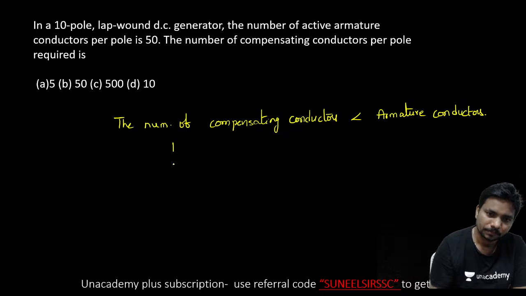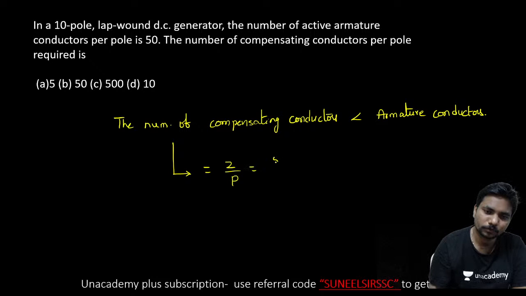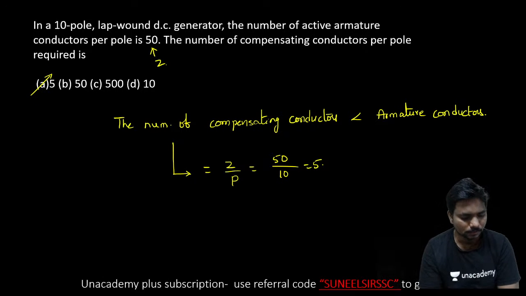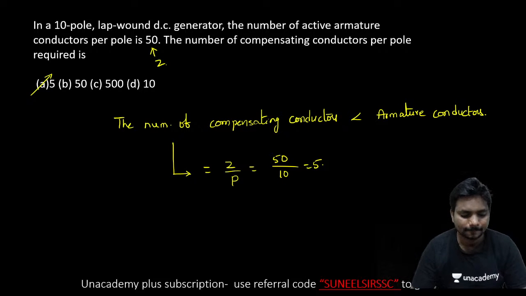So the number of compensating conductors per pole is equal to Z by P. Z, the number of conductors, is 50, by 10 poles, so you are getting 5. The number of compensating conductors per pole is 5. Like that you can give the answer very easily.